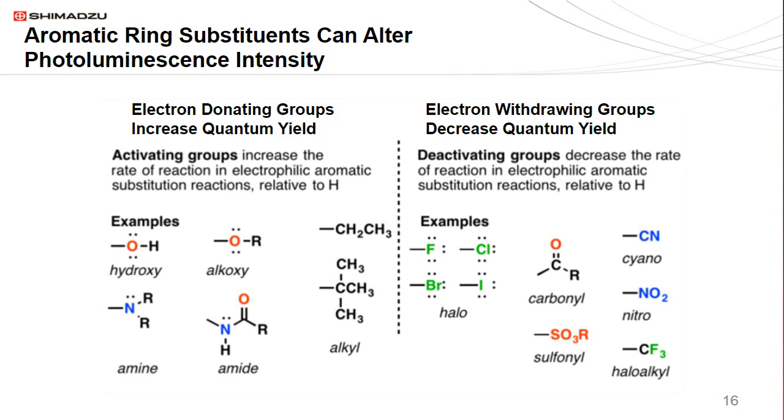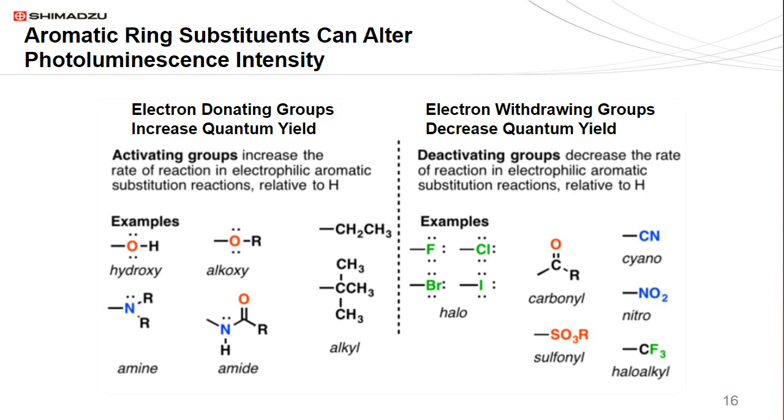You see there are a number of things that we can make generalizations about, the number of fused rings, the rigidity of the molecule. Another generalization that works fairly well is adding substituents onto an aromatic ring. In general, electron withdrawing groups or deactivating groups that literally suck electrons out of the aromatic ring will decrease fluorescence.